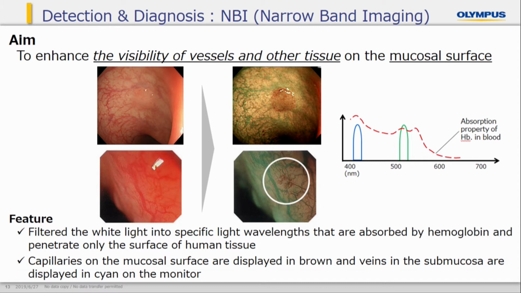Which means we can easily identify the differentiation between the mucosal surface and the veins in the submucosa as brown and cyan.